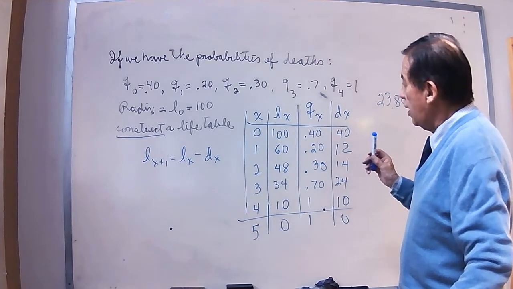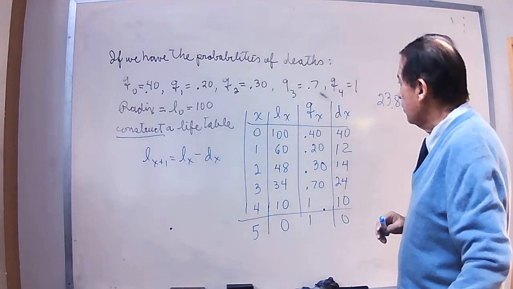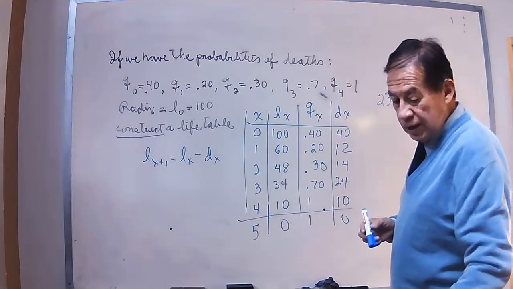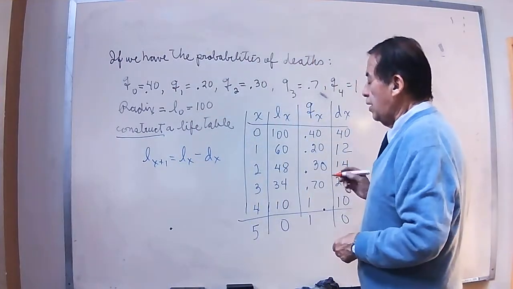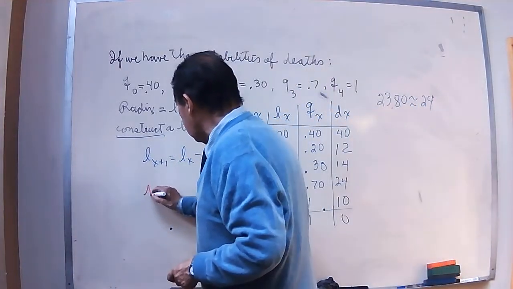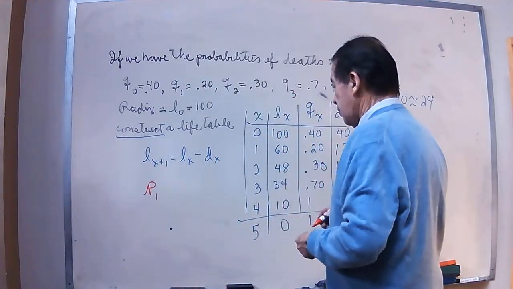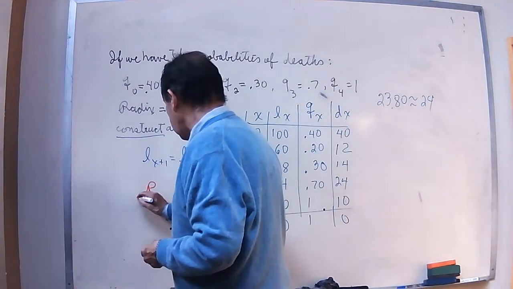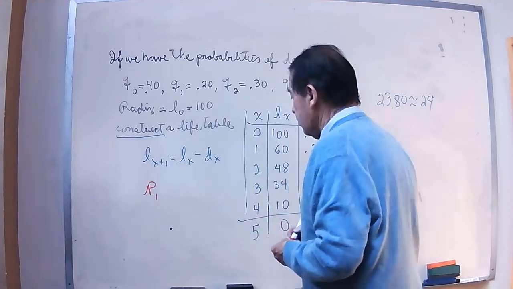But at the same time, taking this table into consideration, perhaps we can ask ourselves another question. What will be the probability that the person age 1 will be alive at age 4? No, we'll be living one more year.